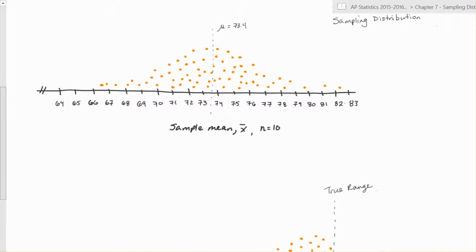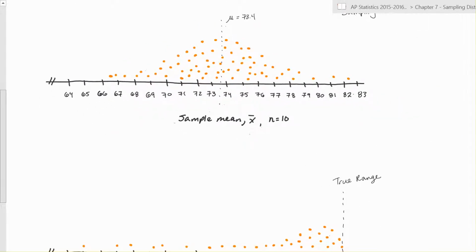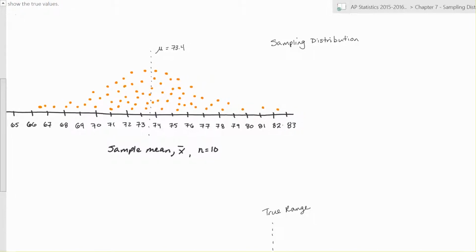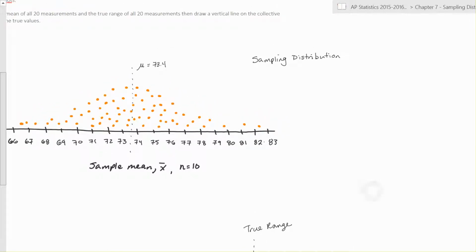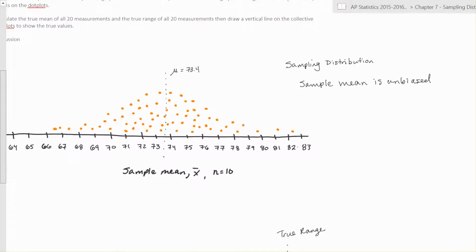Okay, so keep in mind the difference between an estimate and an estimator. We can talk about the estimator as this tool, and we either describe the estimator as biased or unbiased. So in the first example, the sample mean would be considered unbiased, and that is because there's no systematic error in estimating the true mean.